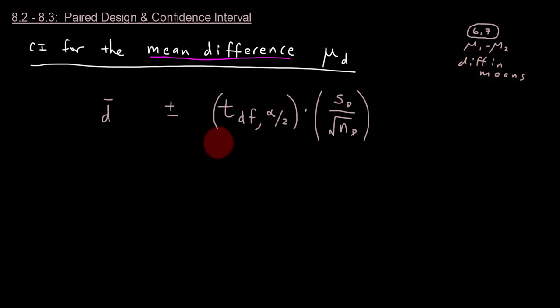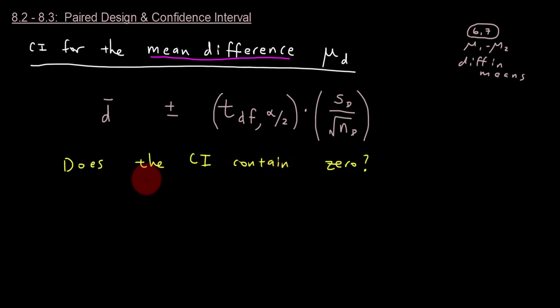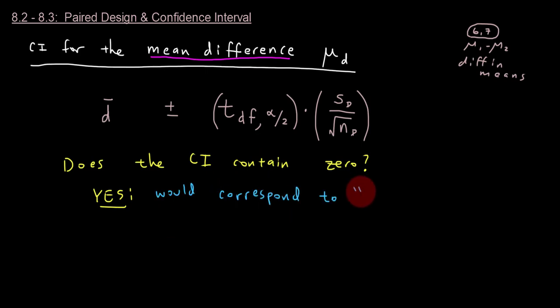Consider that. But regardless, we often can use this confidence interval as its own little hypothesis test. The question that we end up asking ourselves is, does the confidence interval contain 0? If the answer is yes, then remember 0 is indicative of no difference, and that would correspond to a hypothesis test in which we do not reject the null hypothesis.